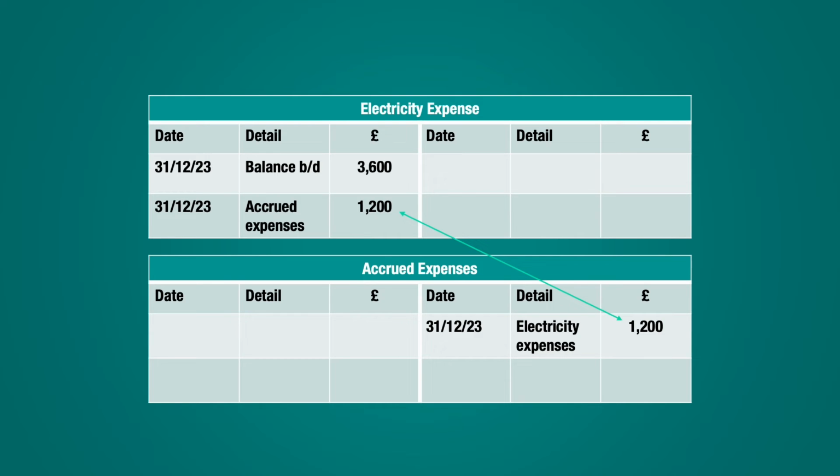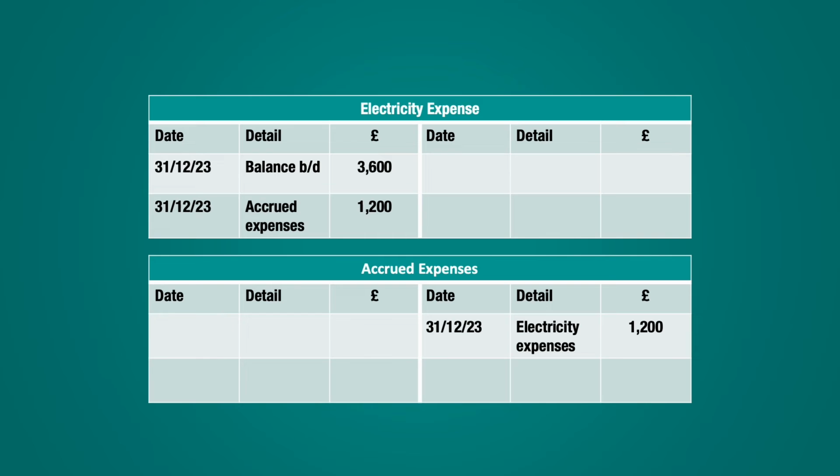At this point, we've successfully entered our accrual within our accounts, and we now need to look at closing off our accounts as part of the year-end process. To do this, we transfer the balance on the electricity expense to the profit or loss. In this example, that would be the current balance of £3,600 plus the accrued expense of £1,200, giving us a total of £4,800.